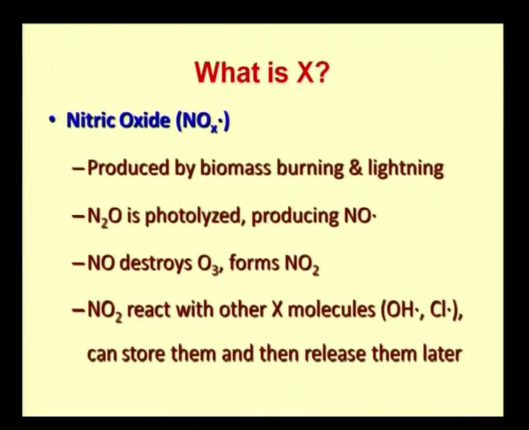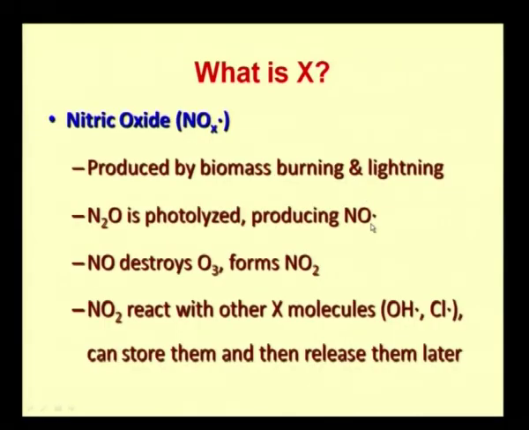When light falls on N2O, it produces NO, and that NO destroys O3 and forms NO2, and the NO2 reacts with other molecules like OH or Cl and creates some other molecules. Therefore the second catalyst is nitric oxide.